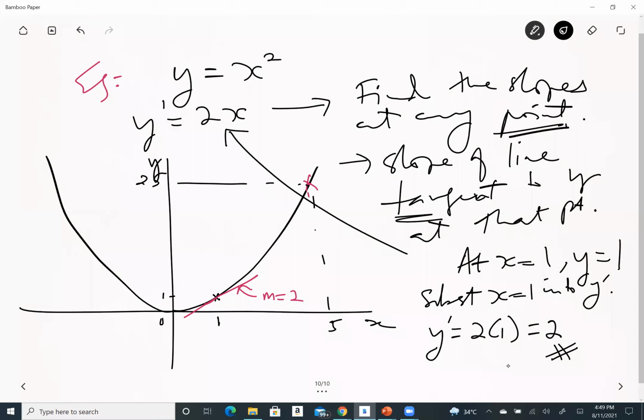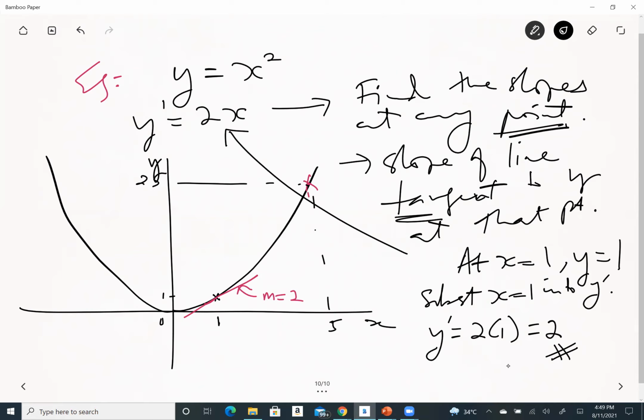How do you get the slope at x equals 5? You get the derivative. What is the value of the derivative? 10, 2 times 5 equals 10.